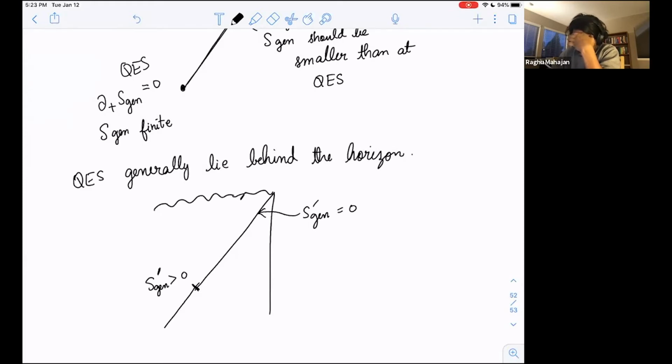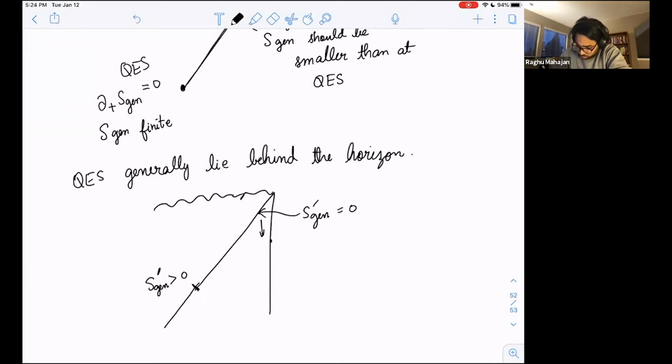This is what we have seen. When we move downwards in this direction, we expect the generalized entropy derivative to be positive still, because the area term is big and increasing. So as we go to the right of the horizon, S_gen prime stays positive.